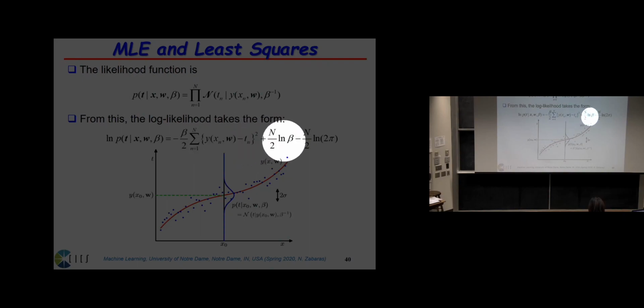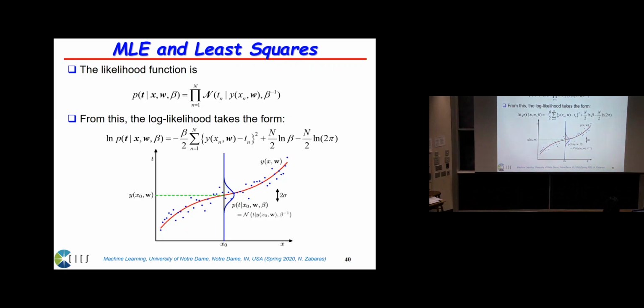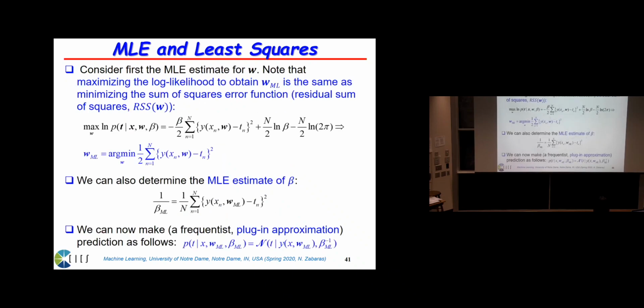And the beta comes here. So I'm going to give you estimates for the MLE for W and beta. Obviously, if you only look at these formulas, the next time you have to do a trivial calculation of this nature, you will not be able to do it, because you never did the calculation for this trivial problem. So you have to repeat these formulas, and you have to trust me.